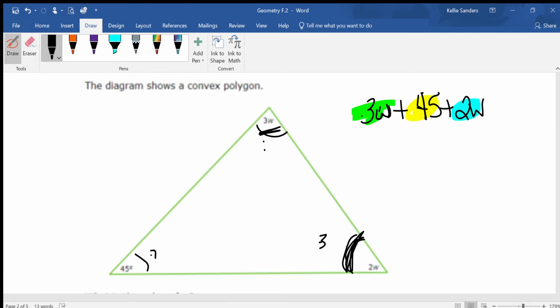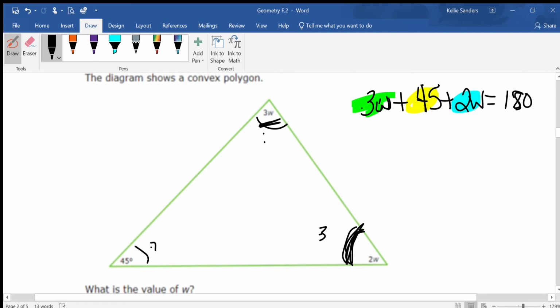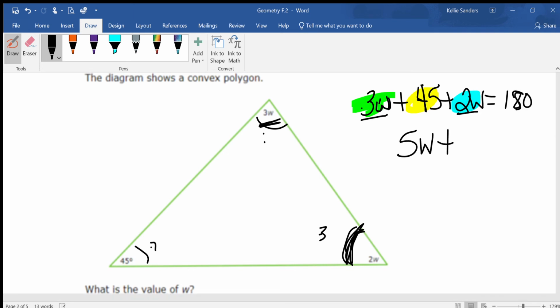If we add them up, we know they will always add up to be 180, correct? So that's a true statement. 3W plus 45 plus 2W equals 180. So now our goal is to find W. So we want to solve for W. 3W plus 2W, like terms, is 5W.